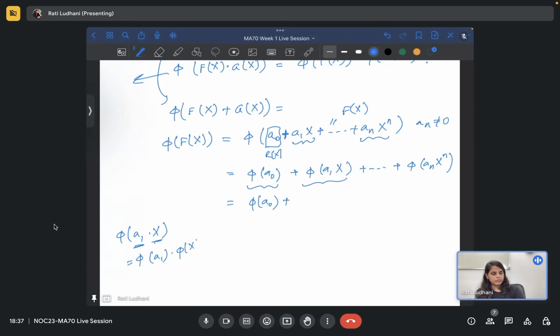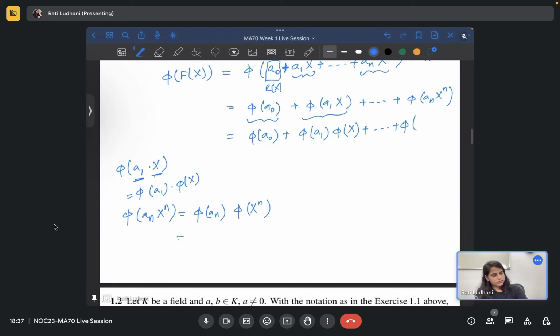So that means phi of a1x should be phi of a1 into phi of x. And so on. Now here also, phi of an x raised to power n should be phi of an times phi of x raised to power n.